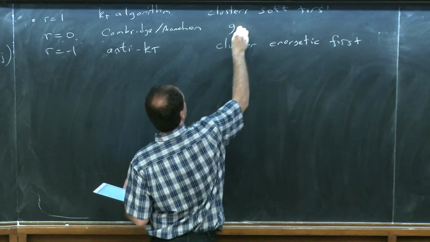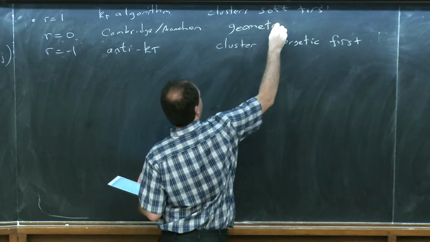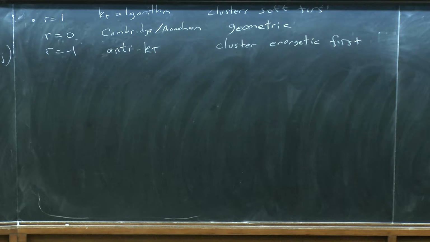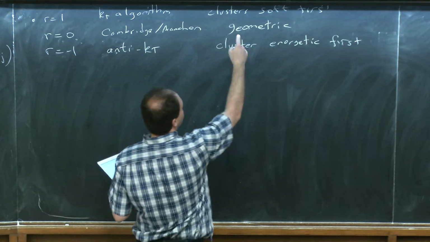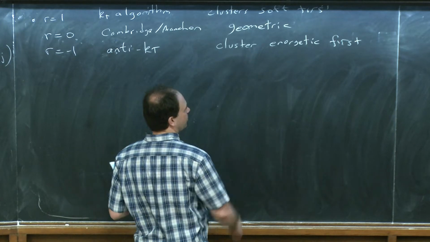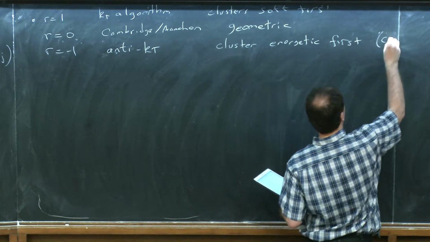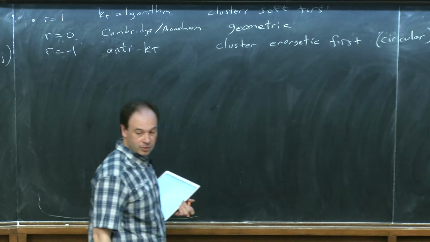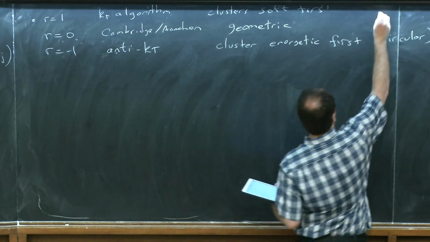And this one here is purely geometric. The pT prefactor is absent, so it's just taking angular distances. And the exact shape of the jets that come out of these is going to differ. It turns out that this last one gives very circular jets. Clustering the energetic particles first tends to give you circular jets, and these others are more irregular.